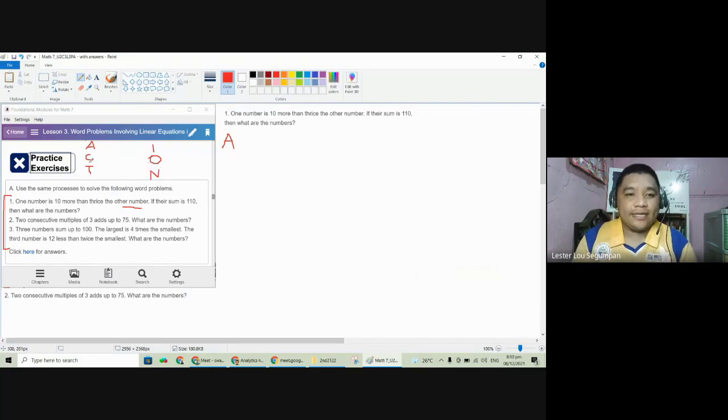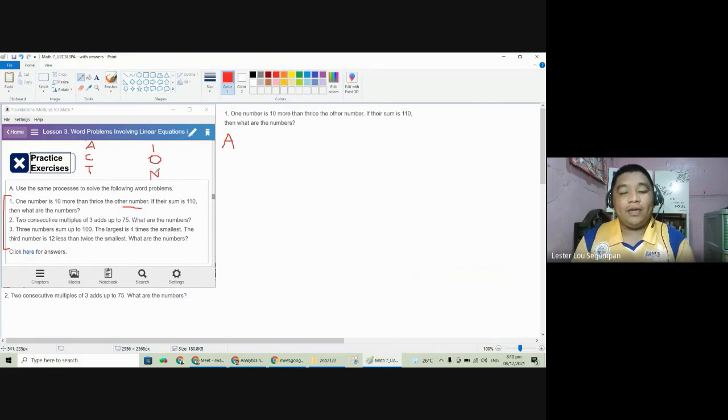C stands for conceding, which means we are going to give representations to those numbers given in our situation. T is translating: we're going to translate using those representations so that we could come up with a number sentence or an equation. I is implementation, meaning we're going to solve it.